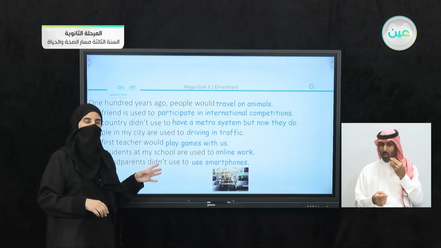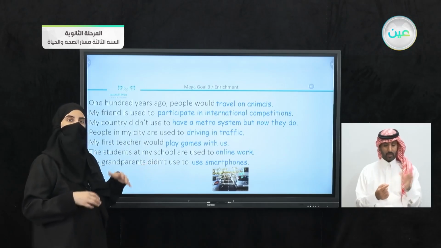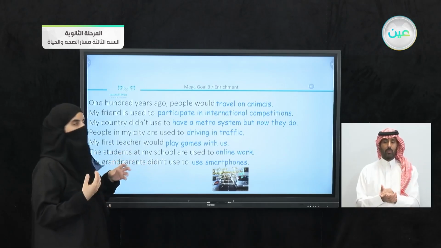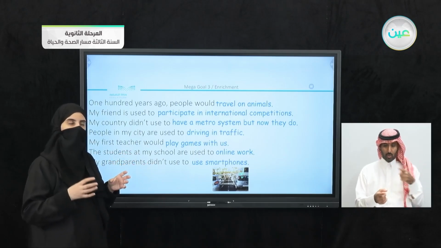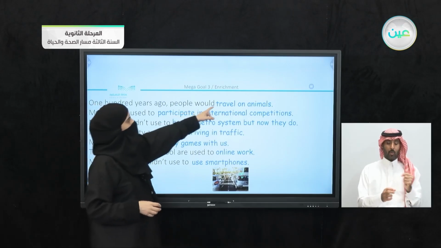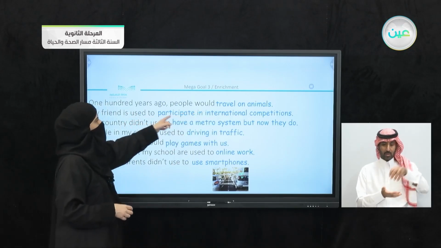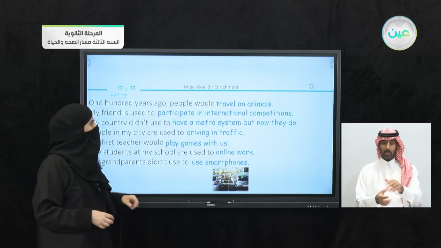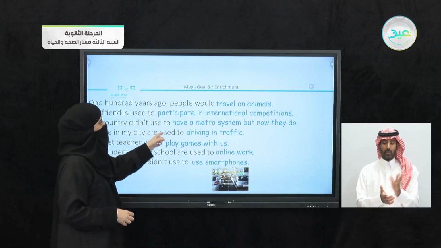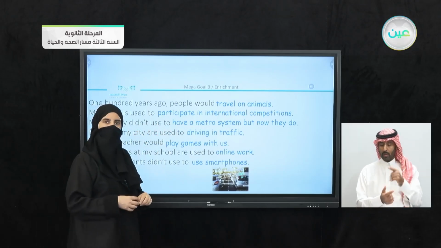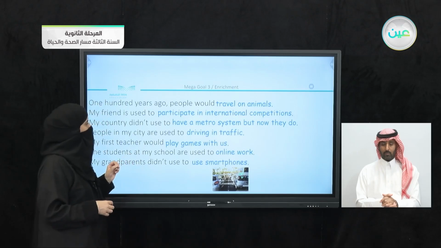So if you notice from the sentences, as I told you, we follow up with the correct form. Now we have here would followed by the base form, travel. We have used to, participate, base form. We have also didn't used to have a metro system. There is the base.